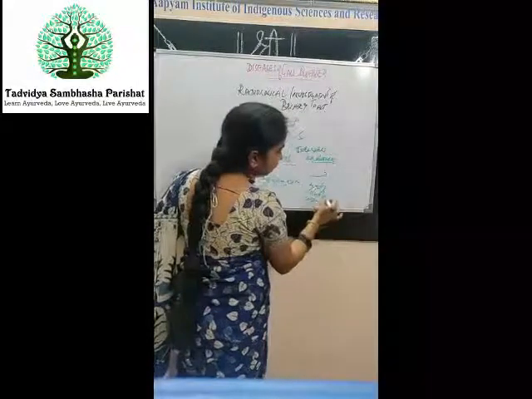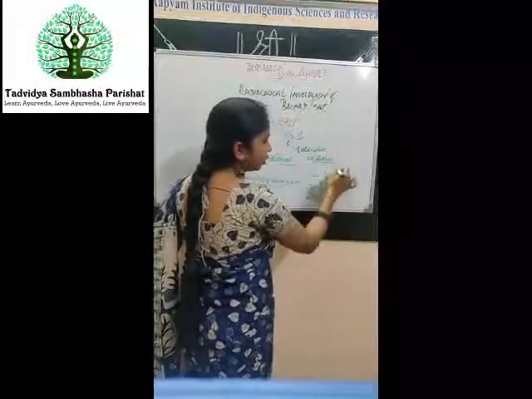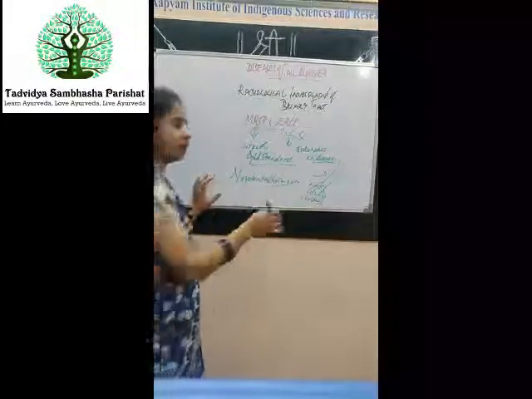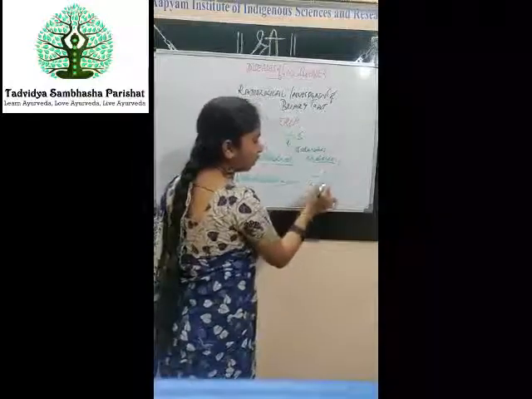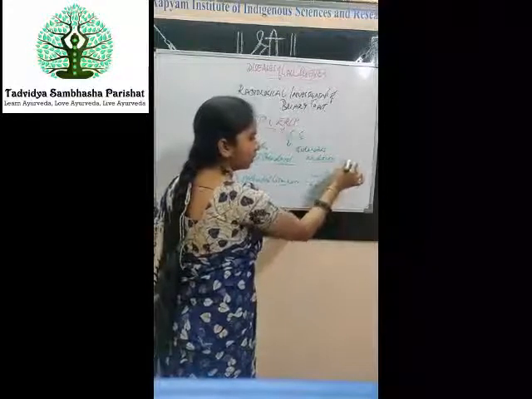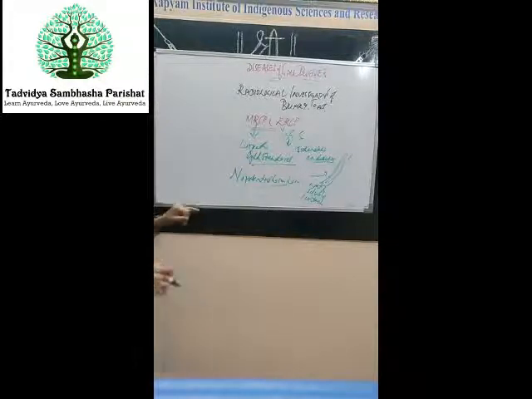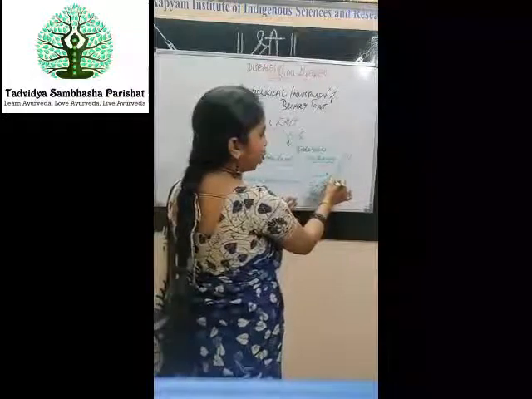So once the water-soluble contrast fills up the common bile duct through the ampulla of Vater, when the films are taken, you are able to visualize the entire biliary tree, that is the common bile duct. So this will also give you evidence of the stones.